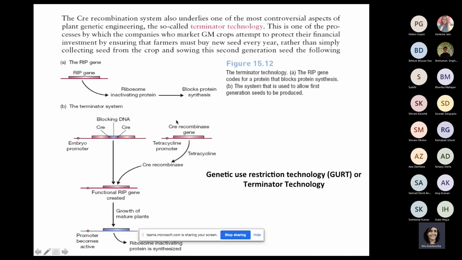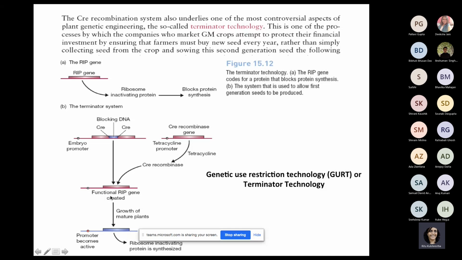As a result, the cre will get activated and remove the intervening region. So the seeds that the farmer gets have this full, or let's say unblocked rib gene. So in a way, if it gets expressed, it will give an active protein.